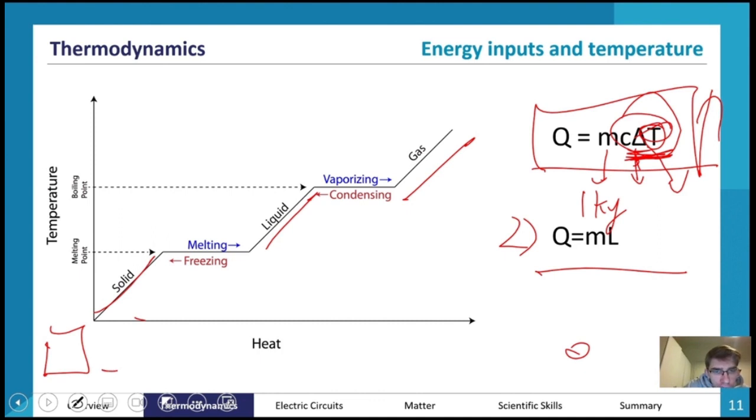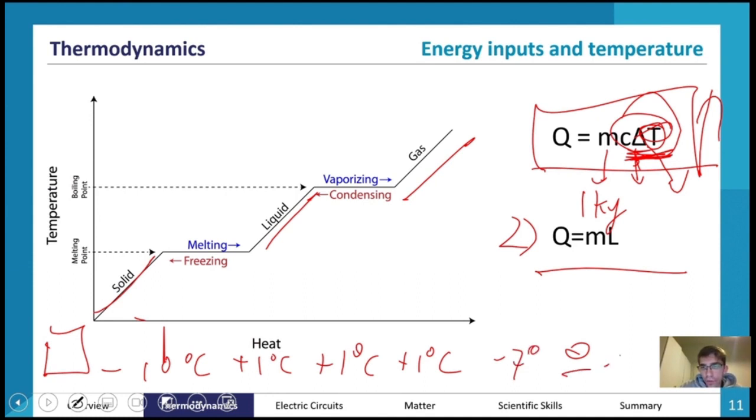So temperature is really good in that regard. If our ice cube is initially at a temperature of negative 10 degrees Celsius, and it's gaining 1 degree Celsius at a time, up until it's negative 7, then negative 5, negative 3, and then eventually 0 degrees Celsius, as the temperature of the ice cube is increasing, it's gaining more thermal energy, and we can measure this amount using this equation here.